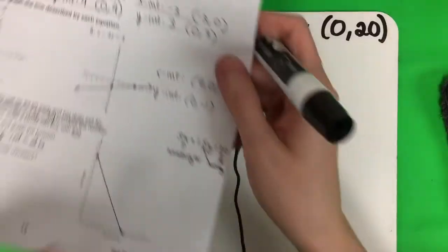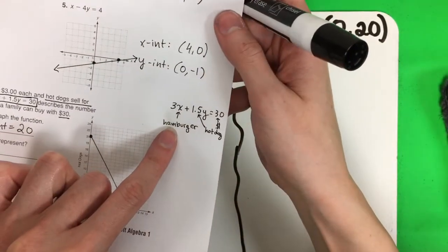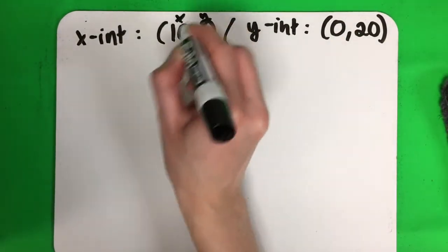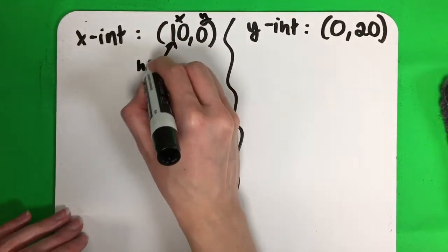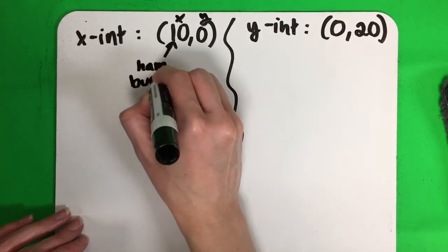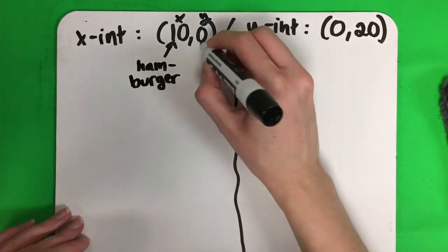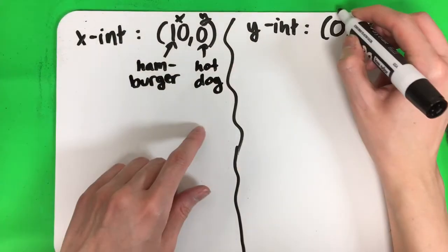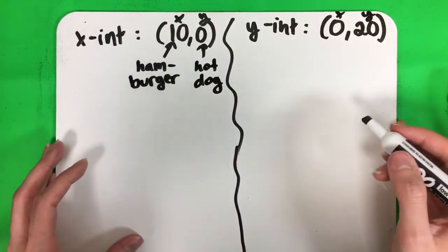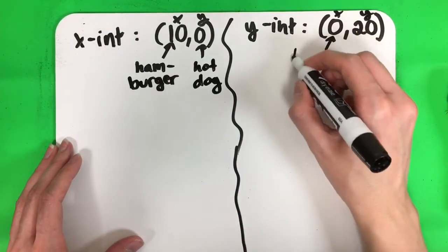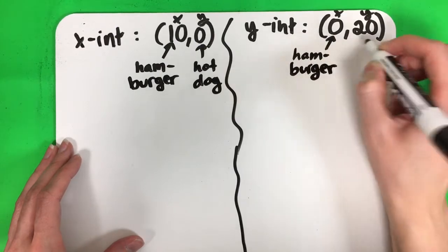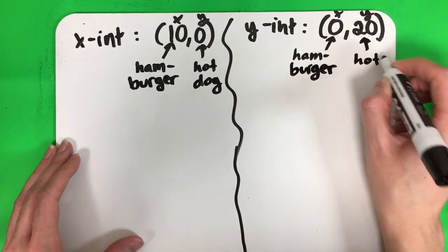And we said that x is hamburger and y is hot dog. So this is x, this is y. X is hamburger and y is hot dog.